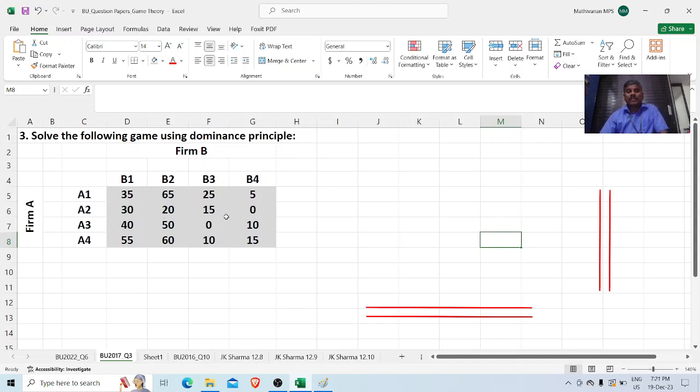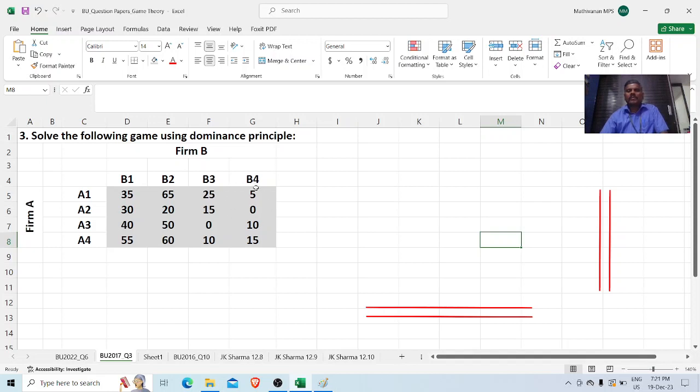When firm B uses the third strategy, we will compare the gains by using A1 and A2 strategies. For A1, it is 25 points and for A2, it is 15 points. Again, A1 strategy gives more gain.